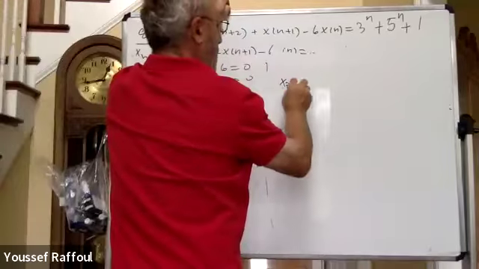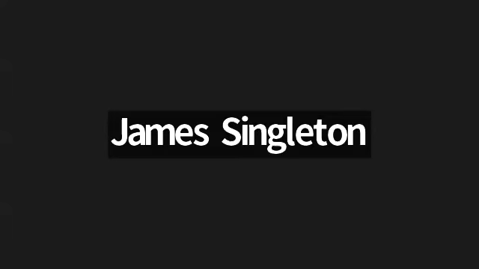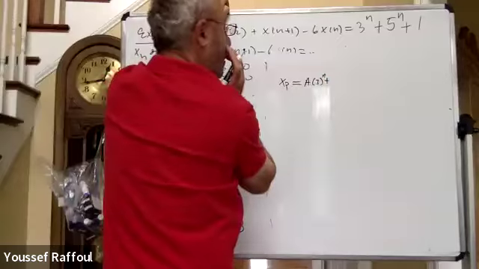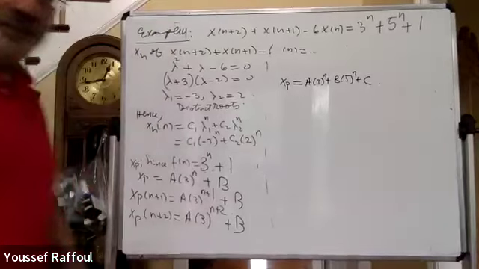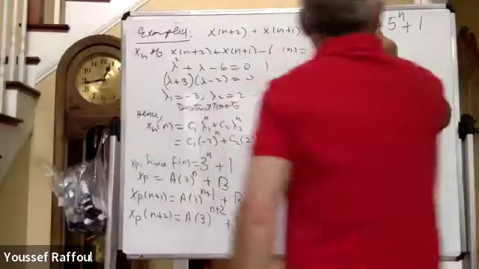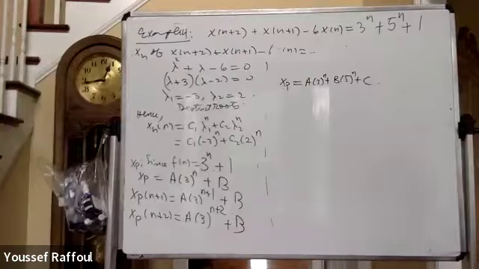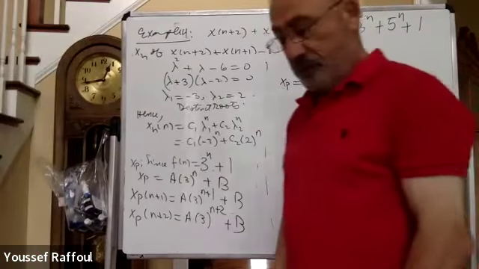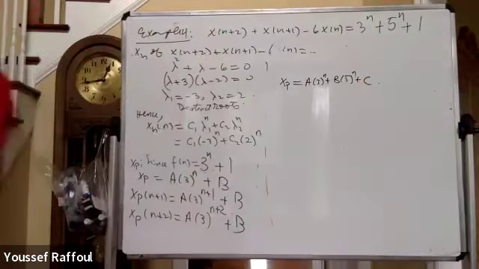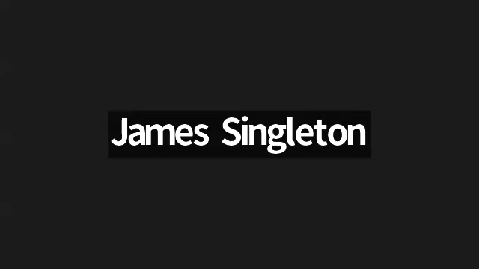Read it to me. x_p would equal a 3 to the power n plus b 5 to the power n plus c. Correct. Again, none of these terms are compatible with each other, correct? Yes. So you got the idea now?